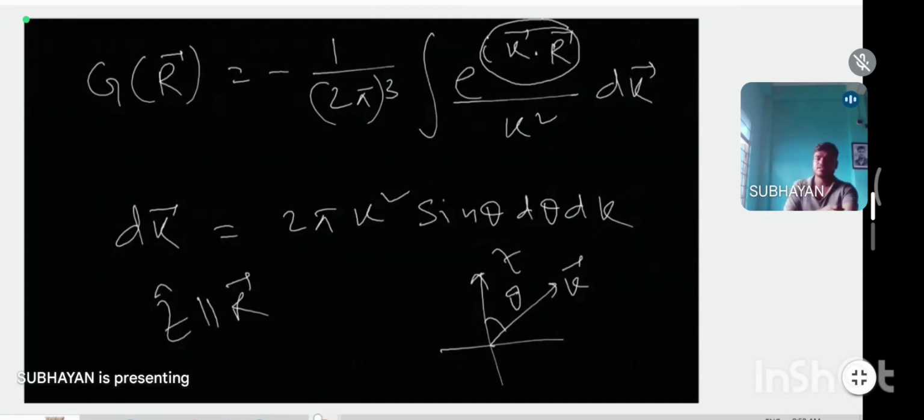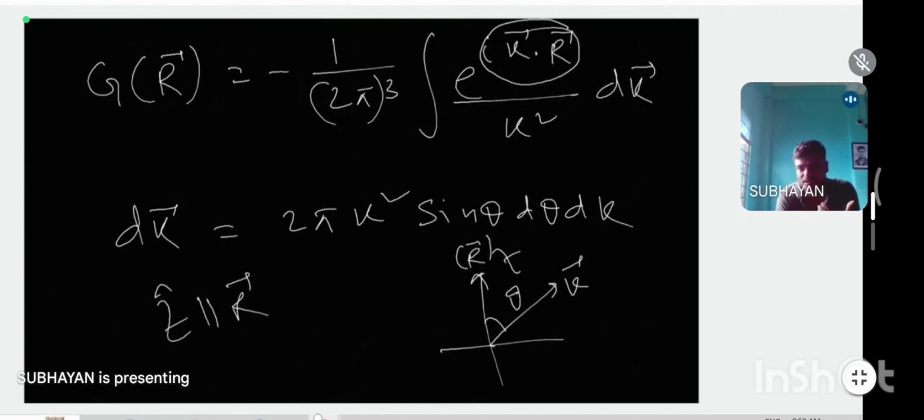This is my choice because this will not affect the physics or the physical phenomena, since a scalar quantity is invariant under rotation. So whether you choose any arbitrary direction for the coordinate system, it will not affect the physical result. The physical result will be the same. So in order to make the calculation easiest, I am choosing r to be along this direction.